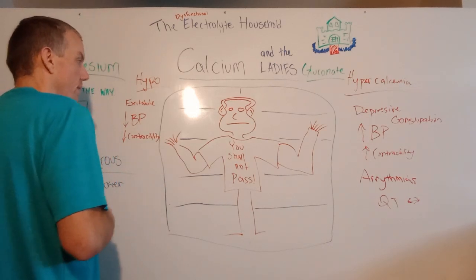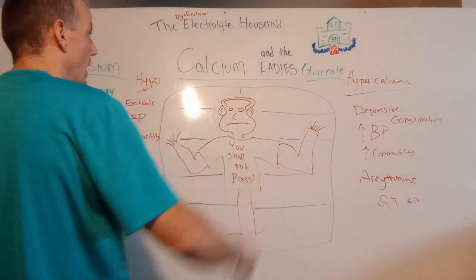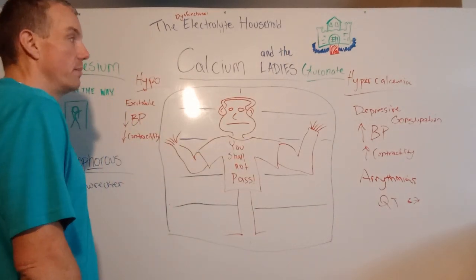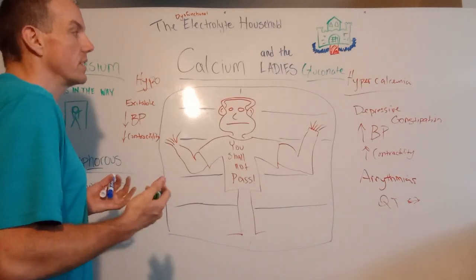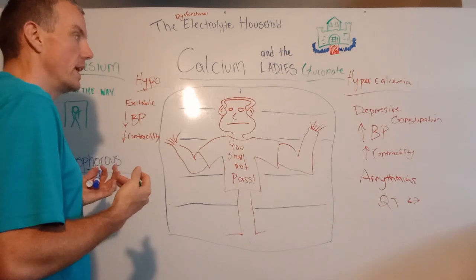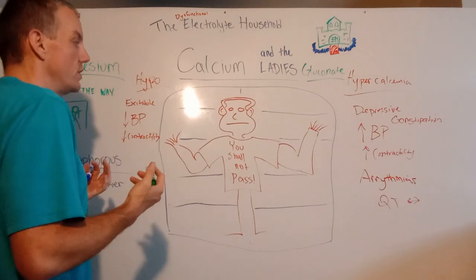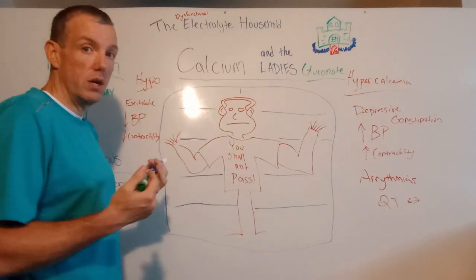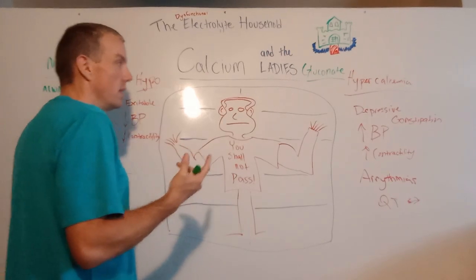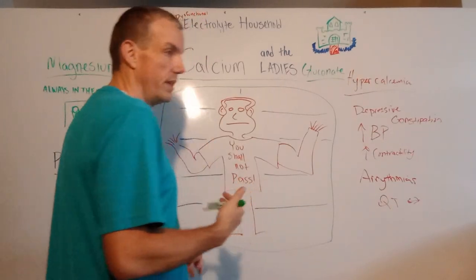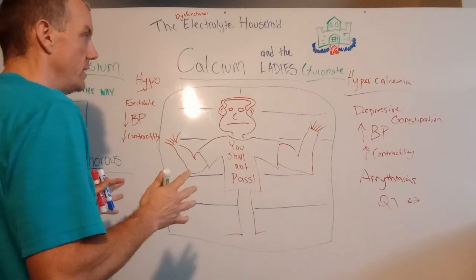And you don't actually run into hypo and hypercalcemia all that often because your body has a great way to manage it. Probably one of the best ways of all the electrolytes, because it just takes all the calcium and puts it into your bones. And so if it needs more calcium, it pulls it out of the bones. If it needs less calcium, it just puts it into the bones. It's really well set up to manage calcium issues.